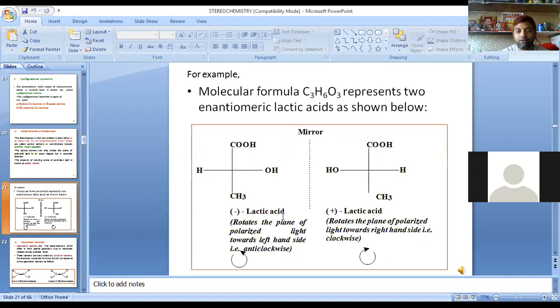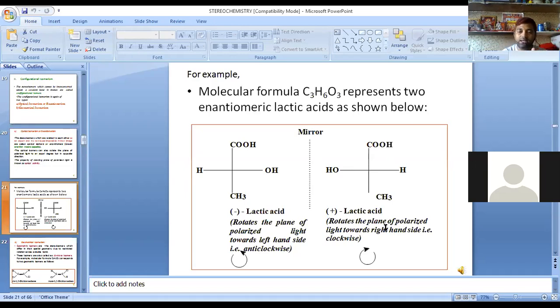The negative one rotates the plane of polarized light towards the left hand side, anti-clockwise. The other one, the image, rotates it towards the right hand side, clockwise.